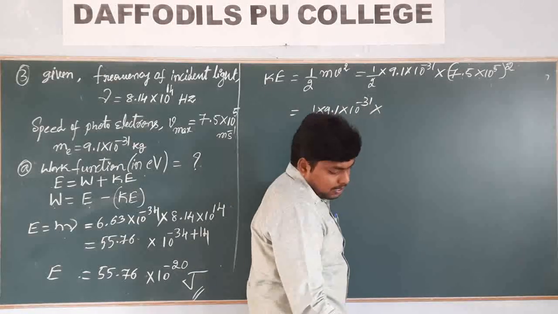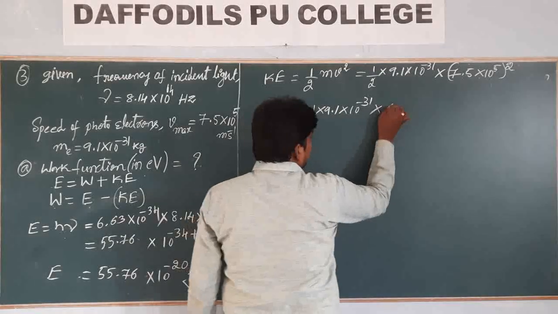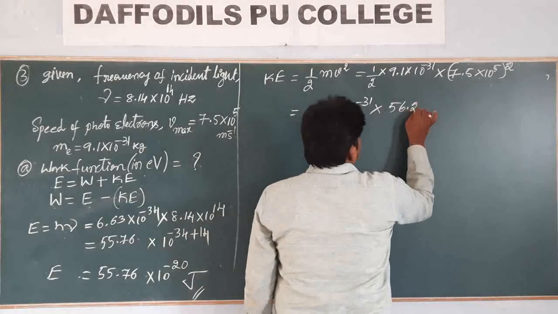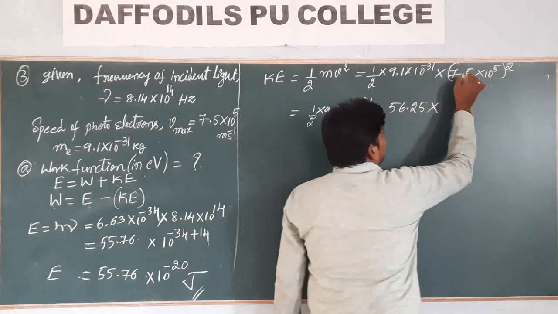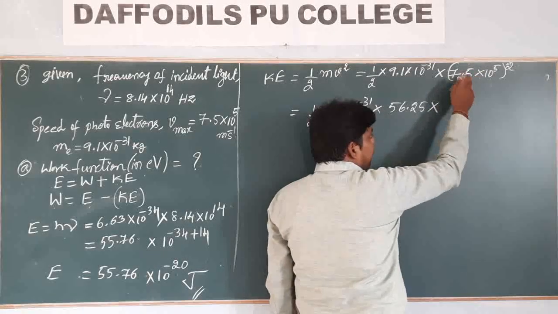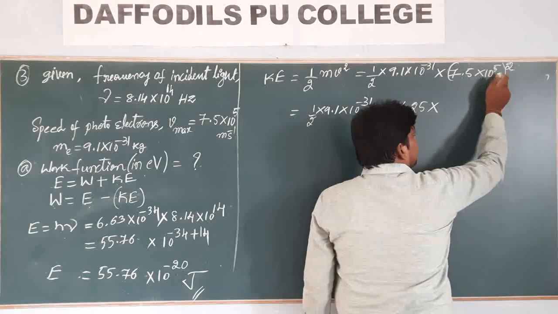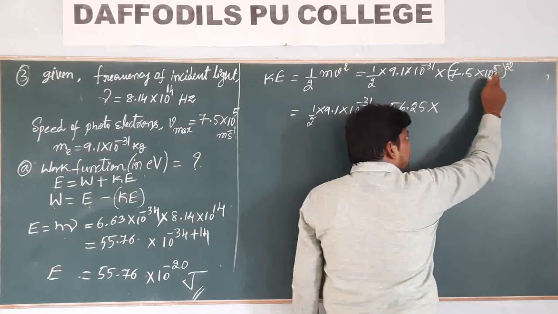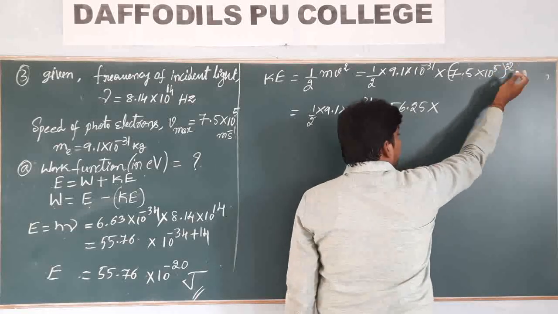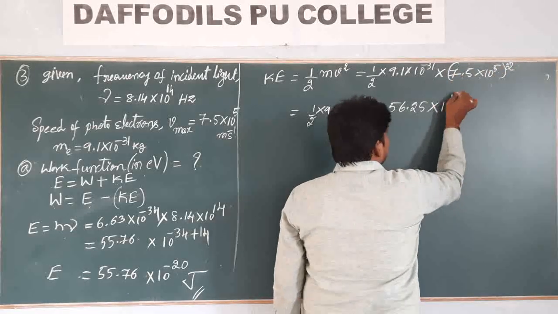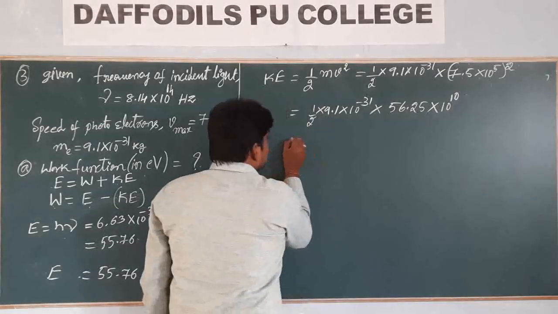That is nearly 56.25. Next, 10 to the power 5 whole to the power 2 is 10 to the power 5 into 2, that is 10 to the power 10. Now you simplify this.